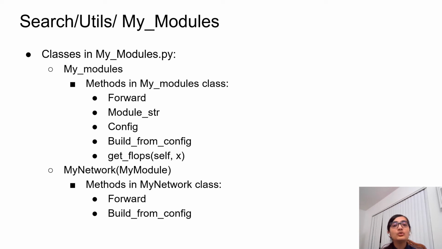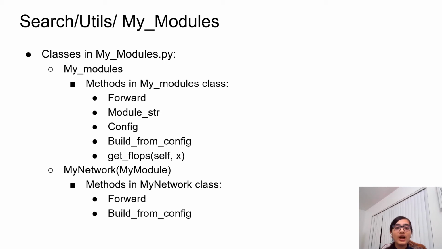Config is how you configure your modules in the particular network. Based on that, you have build from config, so you build a module based on what is defined in config. Get flops: these are the number of flops you have in your module.